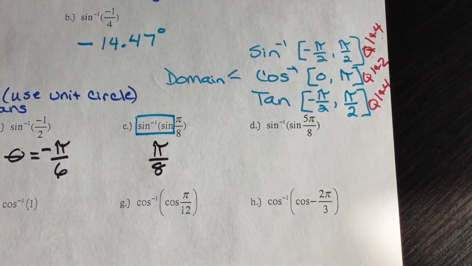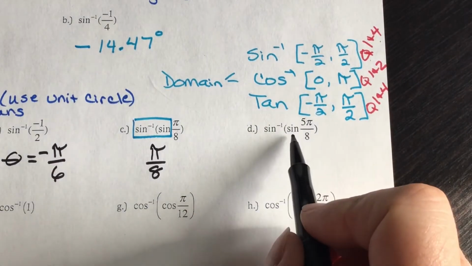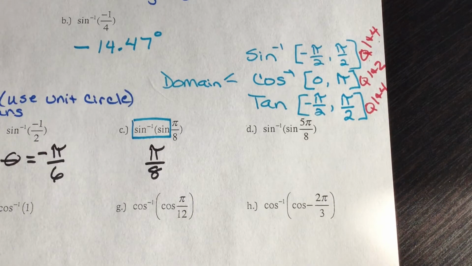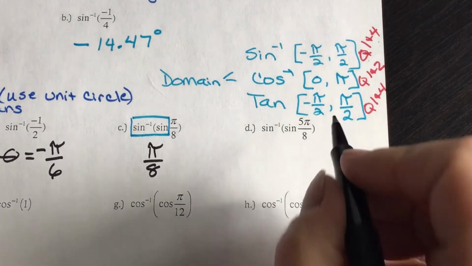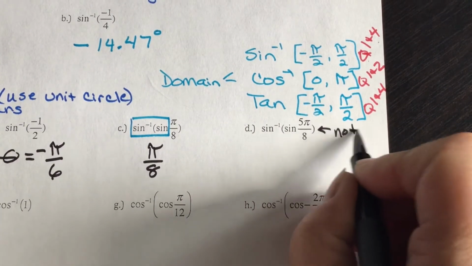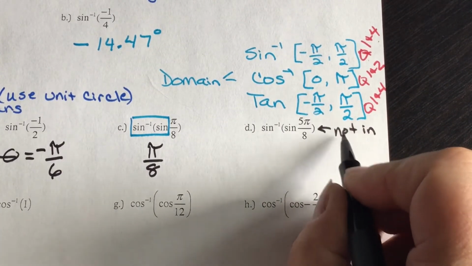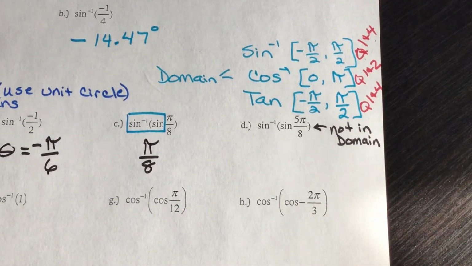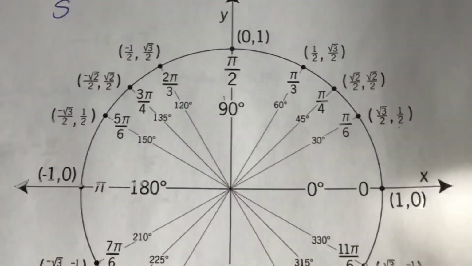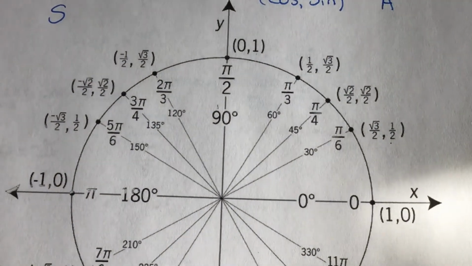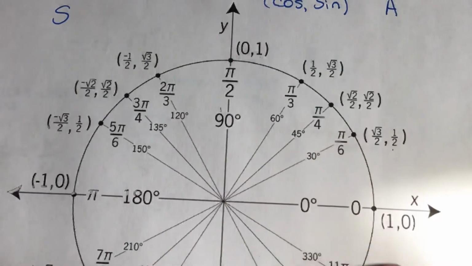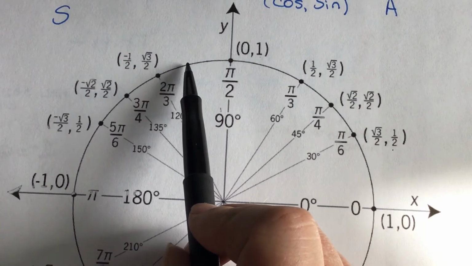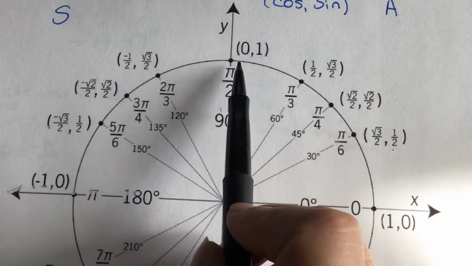The next one looks pretty similar. We have an inverse sine of the sine of 5 pi over 8, which technically is not in my domain. If I look at where 5 pi over 8 is, I don't necessarily have this on my unit circle, but 5 pi over 8 is going to be a little bit past 4 pi over 8, which is pi over 2.